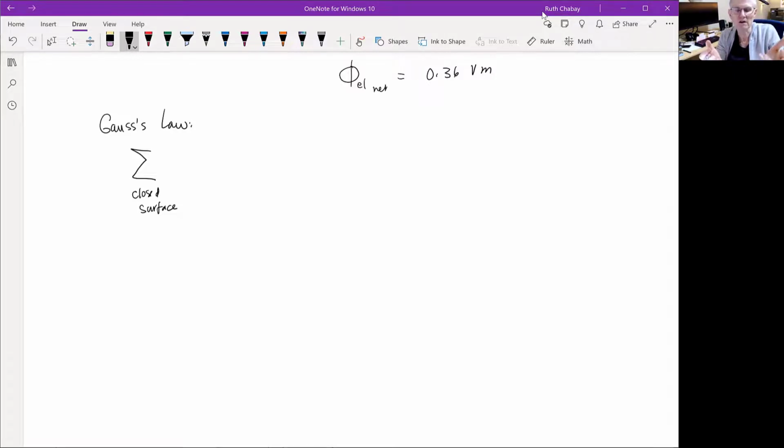So it's like our box. It's got an inside and an outside, whereas one piece doesn't have an inside and an outside. Of the electric flux is equal to the sum of the charge inside the surface times some constant which turns out to be 1 over epsilon 0.